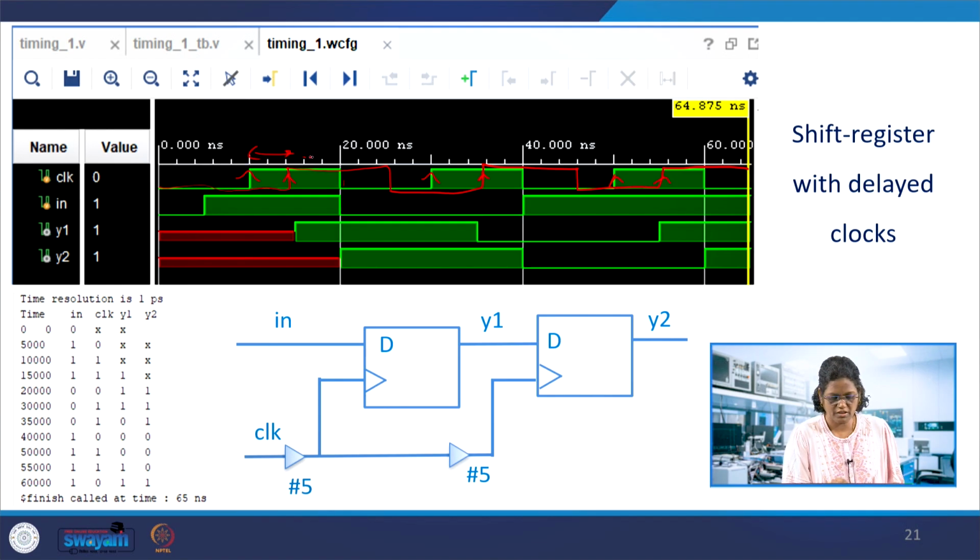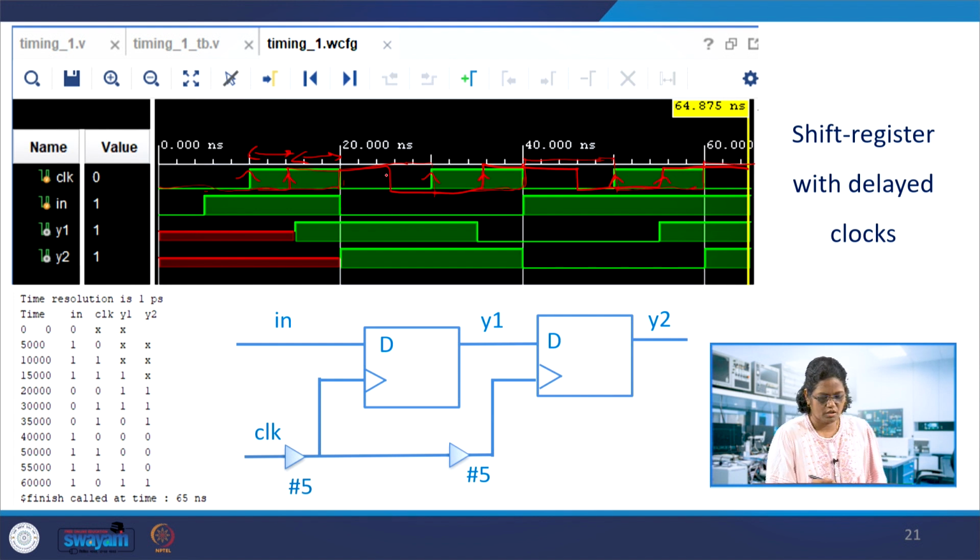Okay. So the next 5 time units delayed will be here, over here, and then this would be again here, have the 5 time units, it would become this, and then next 5 time units here, this would go down and come up at this stage.